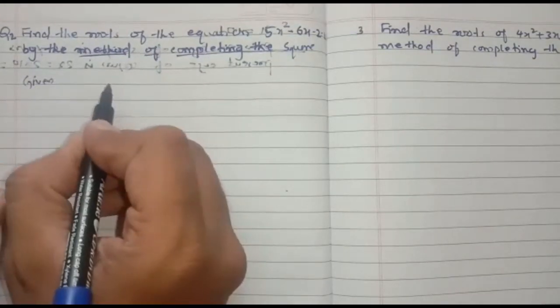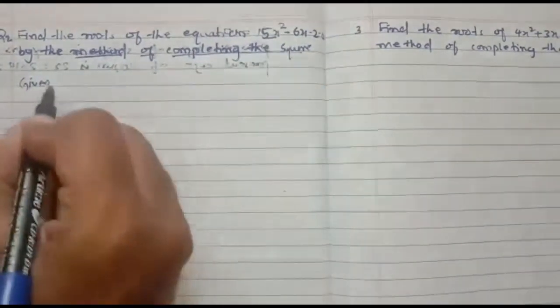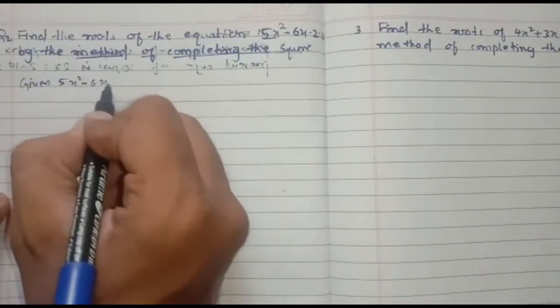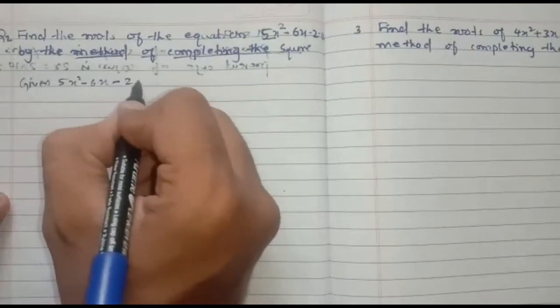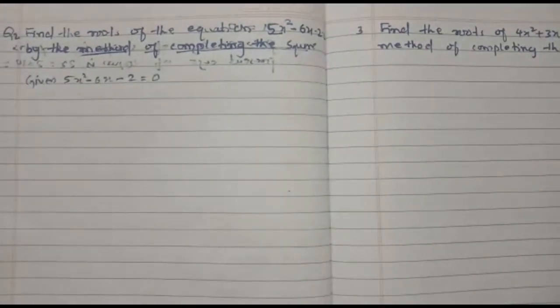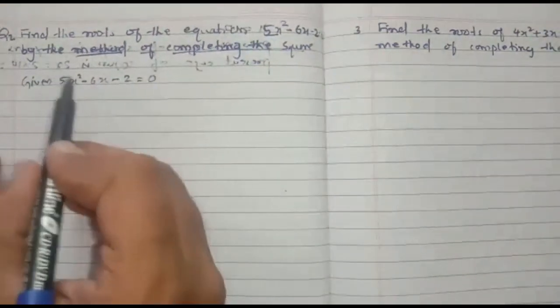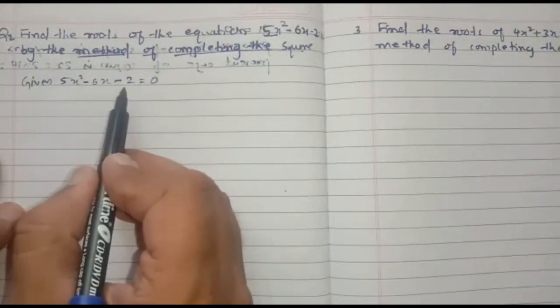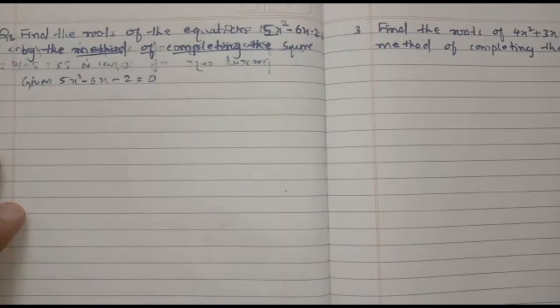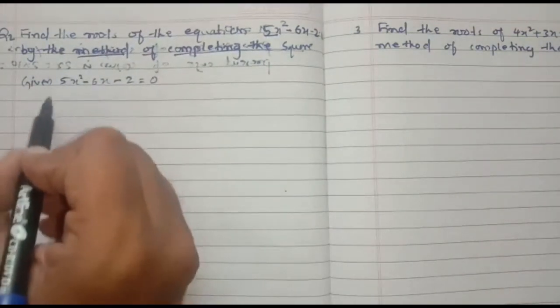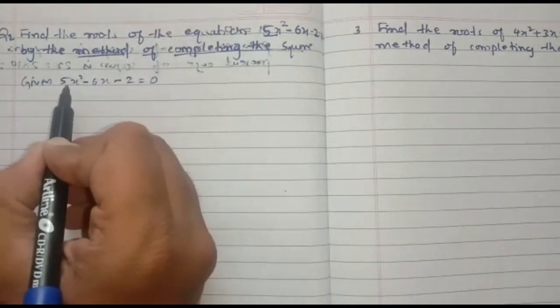Given equation is 5x square minus 6x minus 2 is equal to 0. Now as I said, first we have to divide the whole equation by the coefficient of x square.